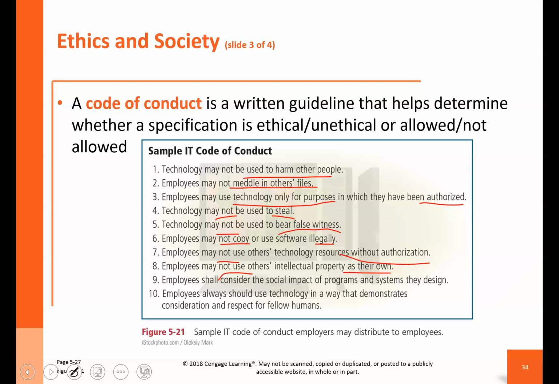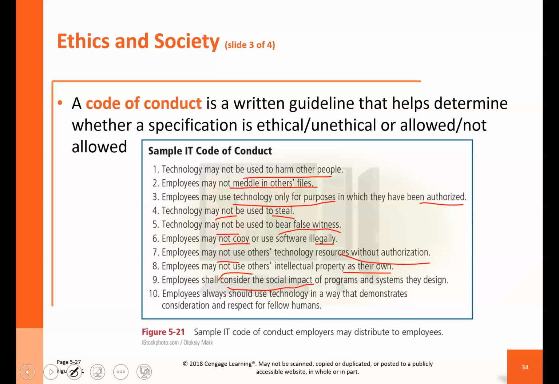Alright, so this concept is not new in the IT field. As you see here, it is actually something just like the real-world principles that we also use there. And consider the social impact of something that you design. So we have to really know that whenever we make something in the cyber world or in the real world, it will inevitably impact the others.